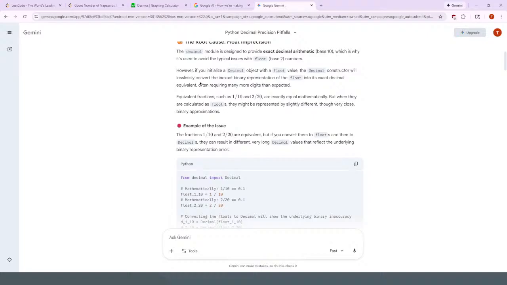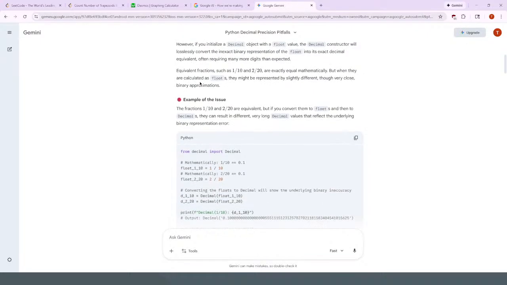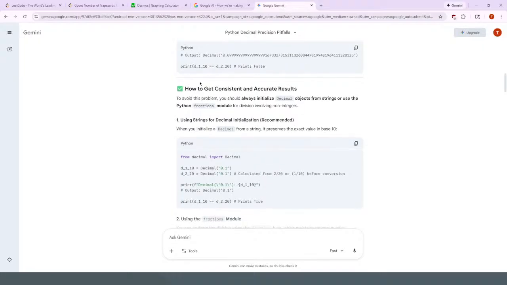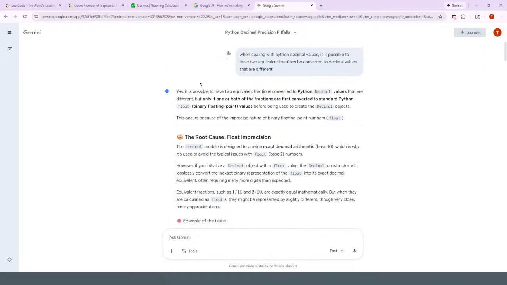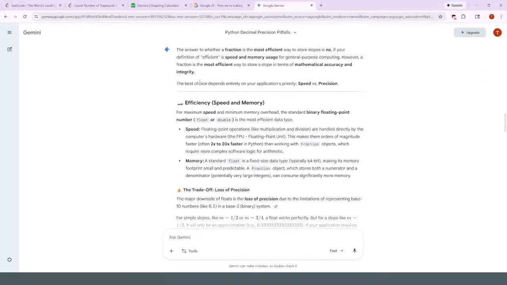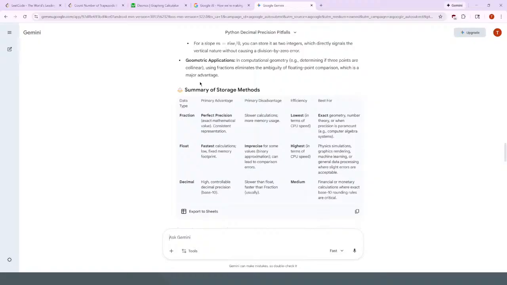So I wanted to use decimal, but it was automatically using float. I guess I was confusing them, using float and decimal interchangeably in my head.